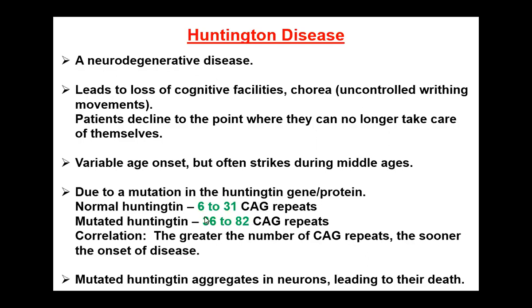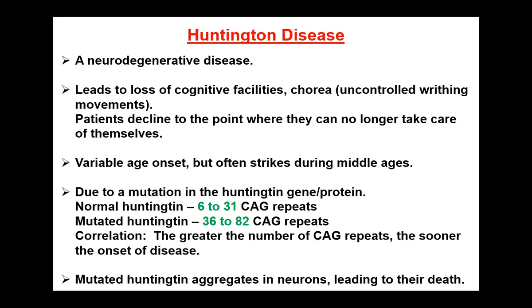However, for individuals who experience Huntington disease, these individuals have a greater number of these CAG repeats. Okay, so somewhere along the line here, for whatever reason, these individuals now have additional insertions in this gene.